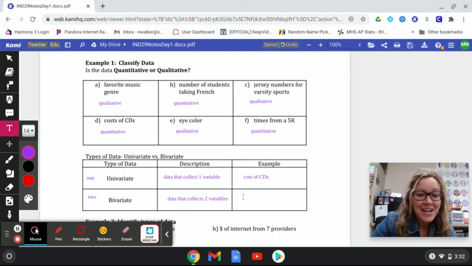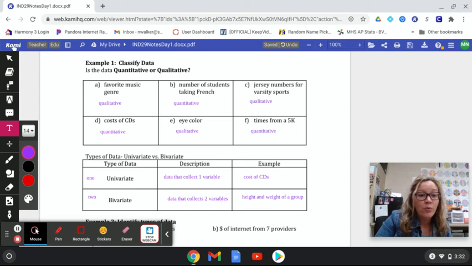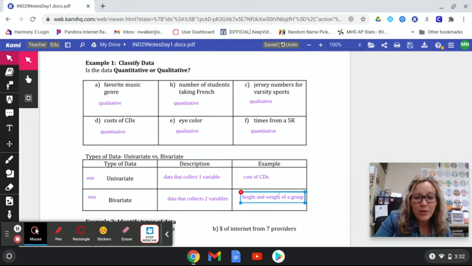Now, bivariate data, this is where we're collecting two things. So whenever you go to the doctor's office, the very first thing they do is height and weight. If you look, I don't know if they still do this, but football rosters used to have the players' height and weight.